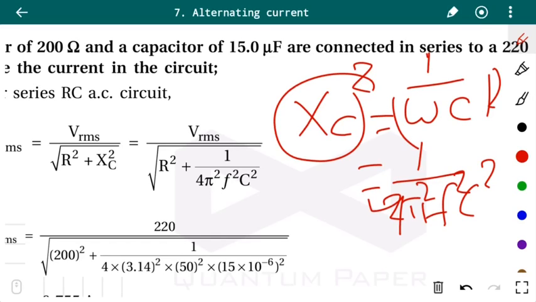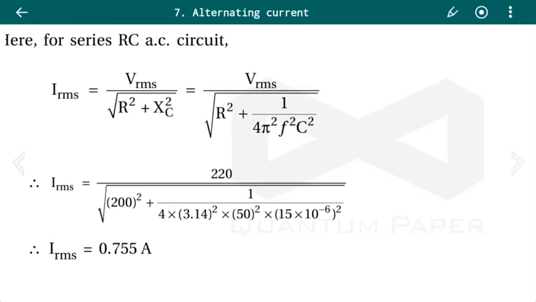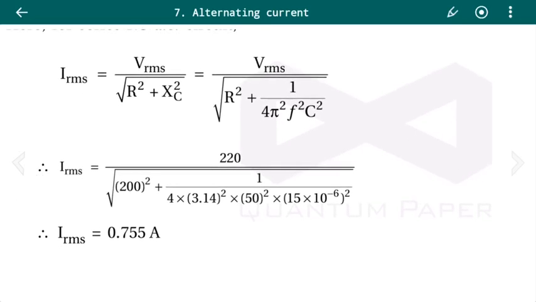So we get VRMS upon under root R square plus 1 upon 4 pi square f square C square. Now put the values of R, pi, f, C and VRMS.